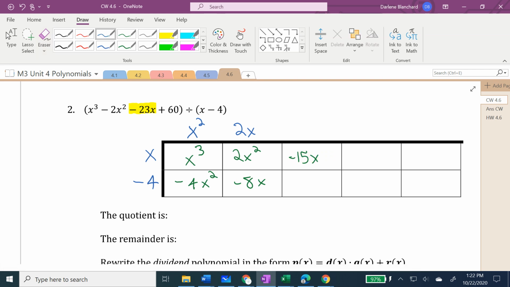Time to go again. X times what gives me negative 15x? Yep. And now I can find this box, negative 4 times negative 15. And now I want to look at this plus its diagonal need to add together to make positive 60.